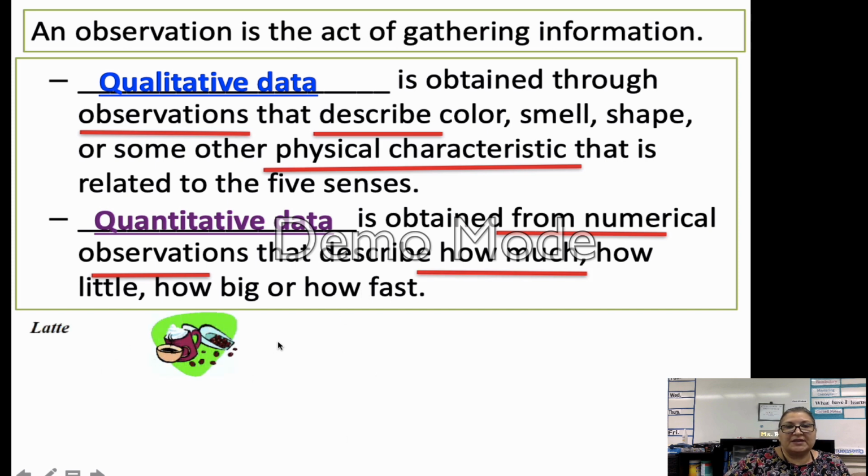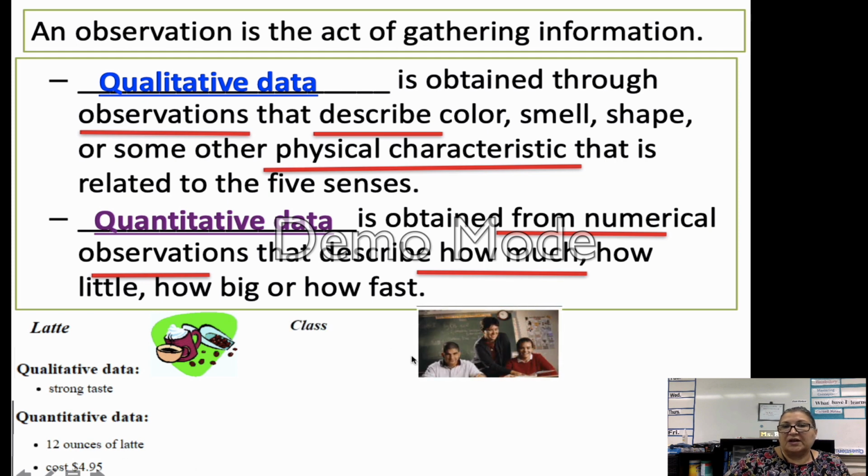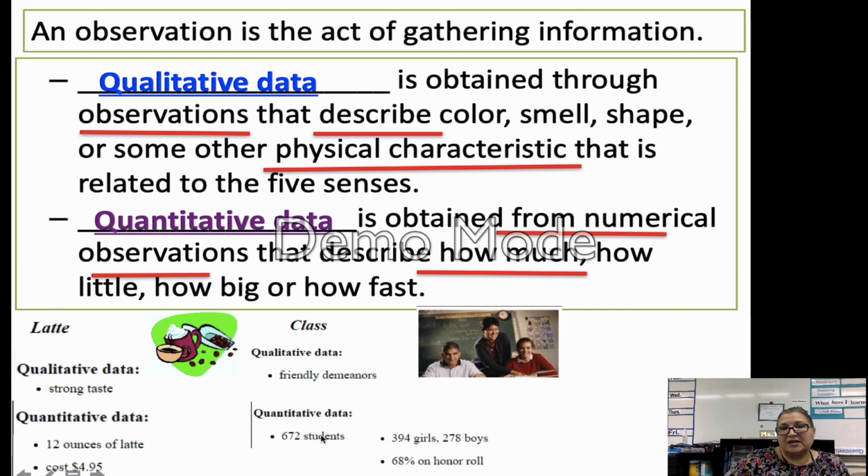So if we're talking about a latte, for example, the qualitative will be that maybe it's too strong, too hot. Quantitative will be maybe 12 ounces and the cost of it, which is maybe $4 or so. If we're describing a class, qualitatively it will be maybe friendly, noisy. Quantitative would be 40 students, 20% male, 80% female, and honor roll.